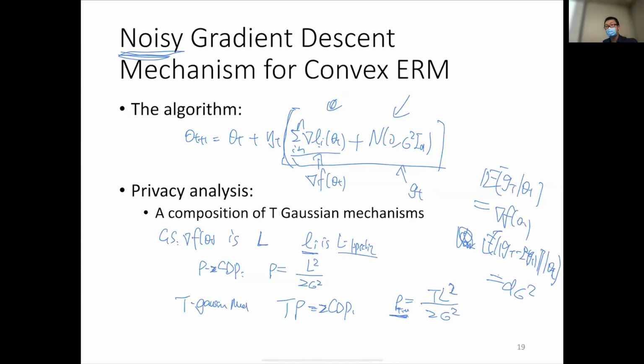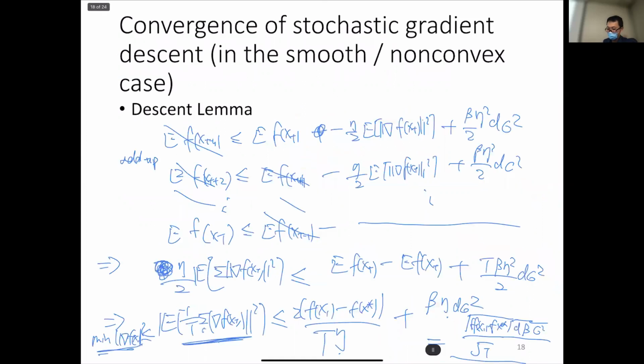And if we want to calibrate to a particular choice of this rho, then we can see that sigma square over T is equal to L square over 2 rho total, right? So let's say we want to calibrate this Gaussian mechanism to satisfy rho total, and this is a choice of the ratio of these two hyperparameters. What is nice about this is that it depends on this sigma square over T. And if we flip this to the previous side, we can see that this sigma square over T is together in the utility analysis.